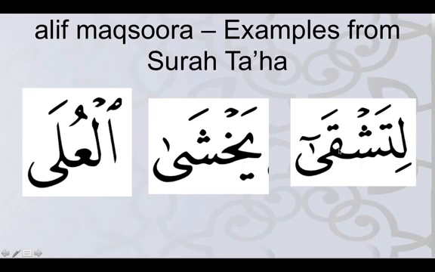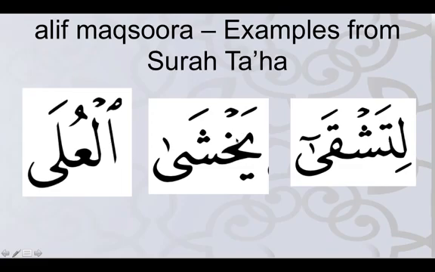And when you combine the letter qaf and the ya, because the ya makes the ee sound, you would think that this would be qi. But no, the word is tashqa, not qi, but qa, tashqa. The reason is that this is an alif maqsura, and because this is an alif maqsura, you add the standing alif on it, and you pronounce it like an alif, not a ya. That's why it's an alif maqsura.